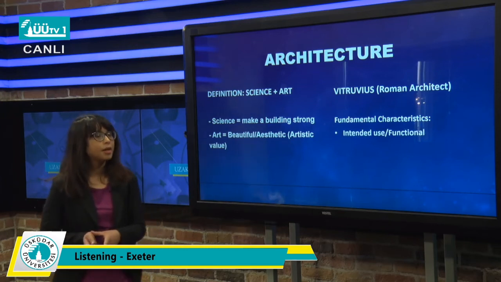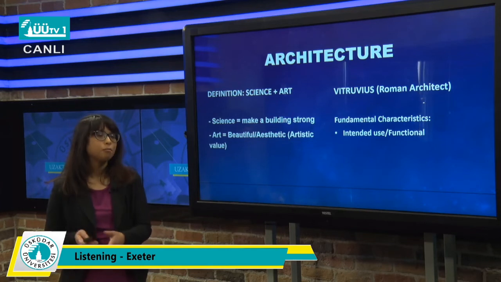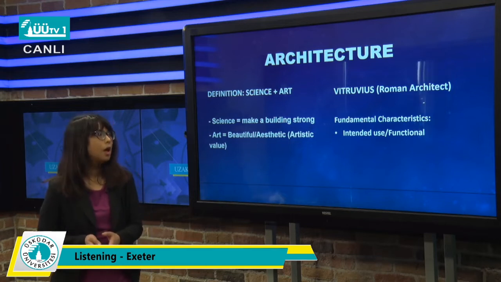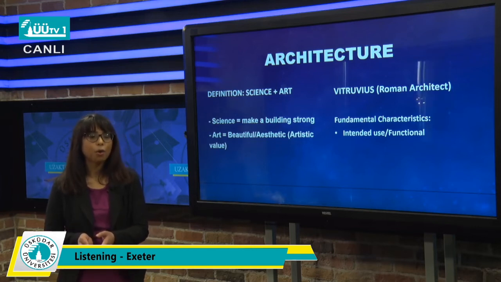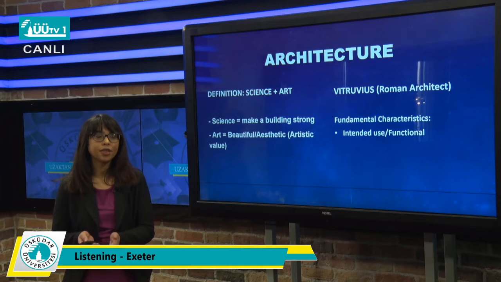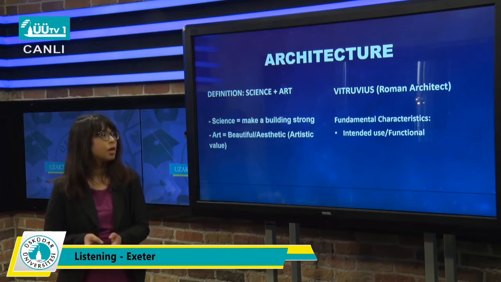He said that a building should meet an intended use, meaning functional. For example, an intended use of a school is to learn. So an architect must think about the best style to design for both teachers and the students.